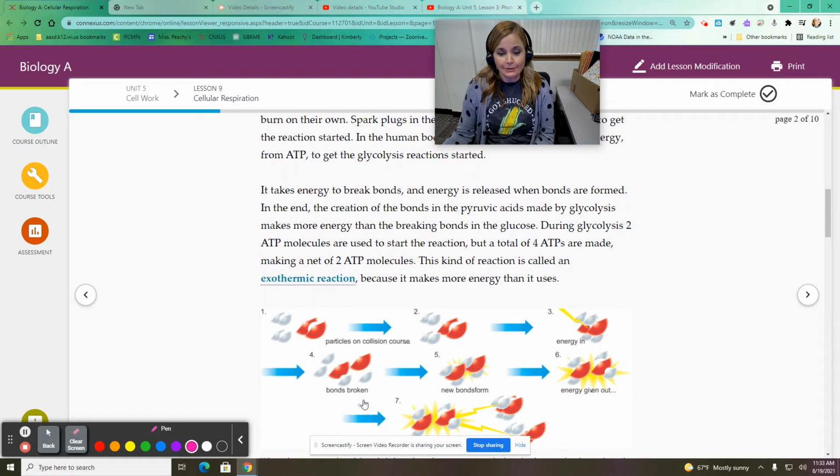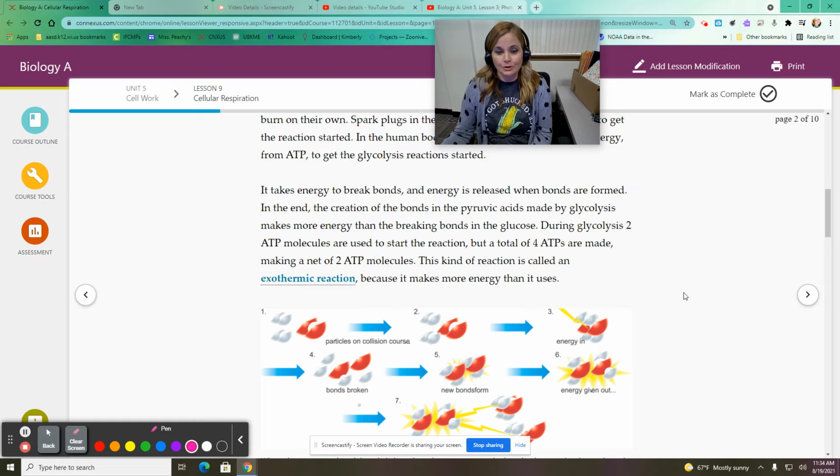It talks about exothermic reactions. Exothermic reactions are reactions that actually release more energy than go into making the reaction happen. So in order to start the reaction, you need a certain amount of energy put into it to start the reaction. So if you have to put a little bit of energy into the reaction to get it going and it releases more than you've put into it, we call that exothermic.